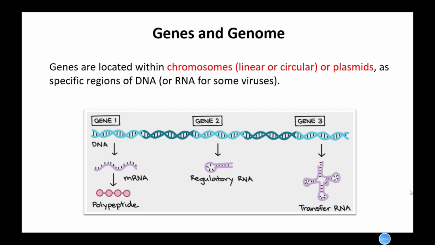And this one encodes only a transfer RNA, tRNA. Still, we call this a gene. And there might be some region encoding the ribosomal RNA, the ribosomal RNA gene. All these we call genes.